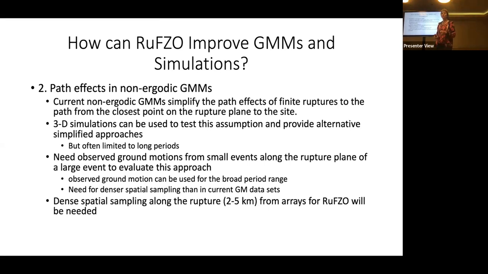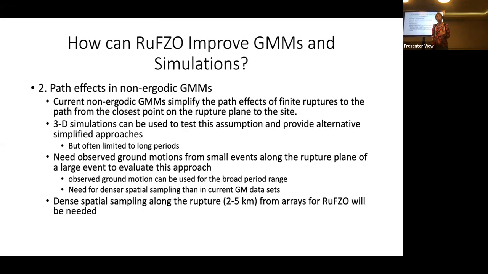Path effects in non-ergodic ground motion models are a really big thing that RuFZO will definitely help with. Right now, in current non-ergodic ground motion models, we simplify the path effects of finite ruptures with very simple metrics, like the closest distance from the observation point to the fault rupture plane.